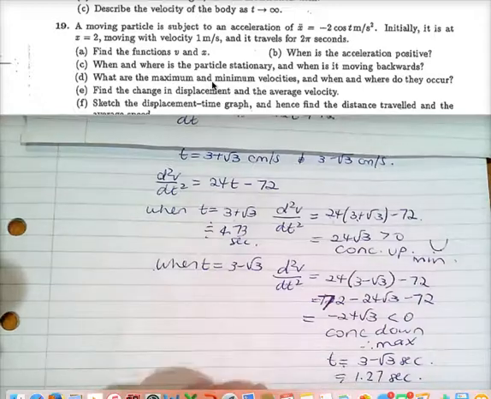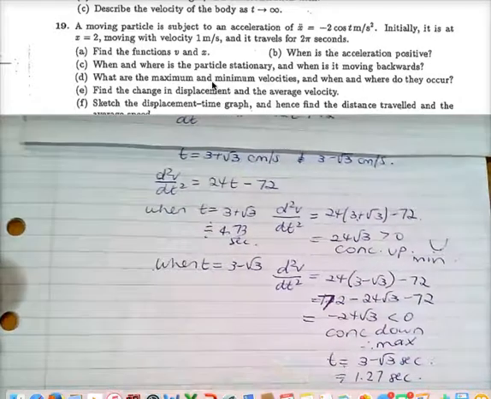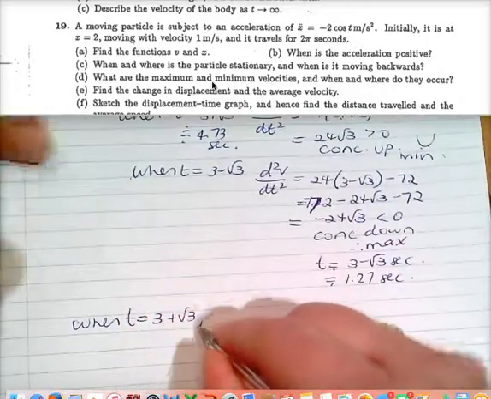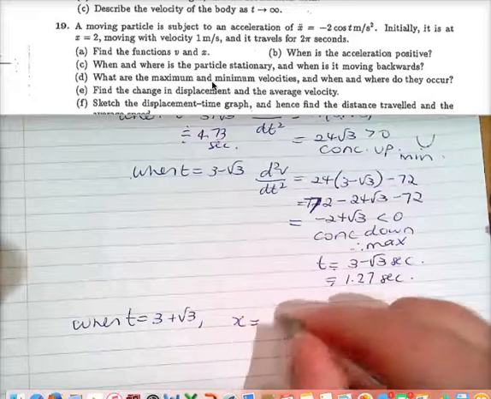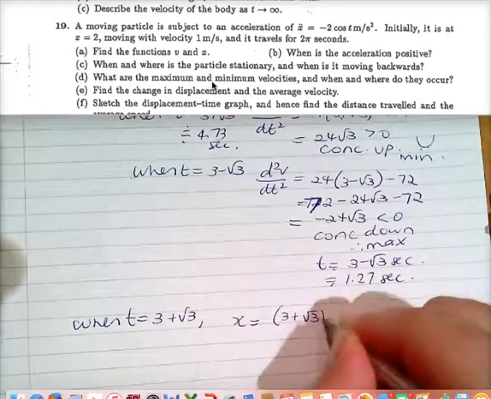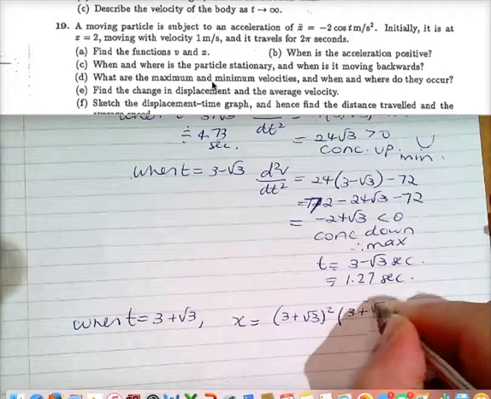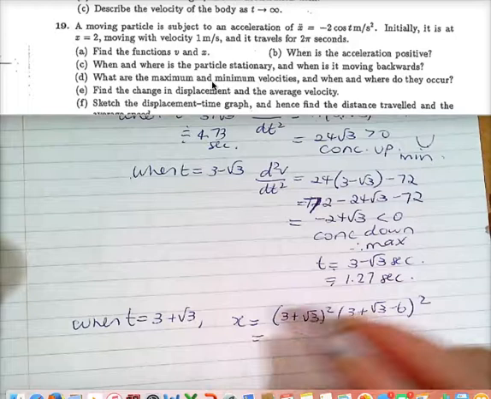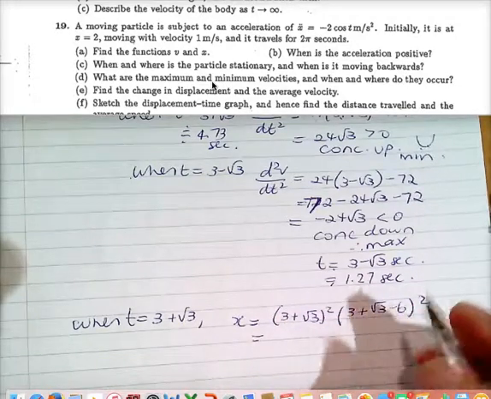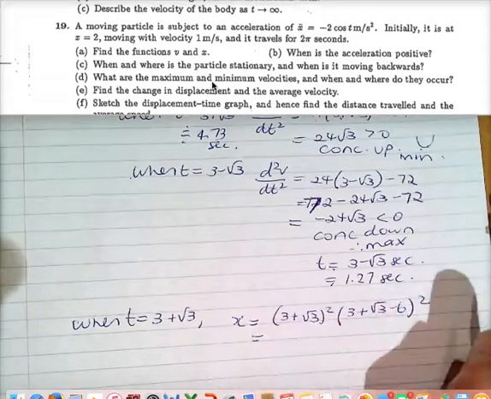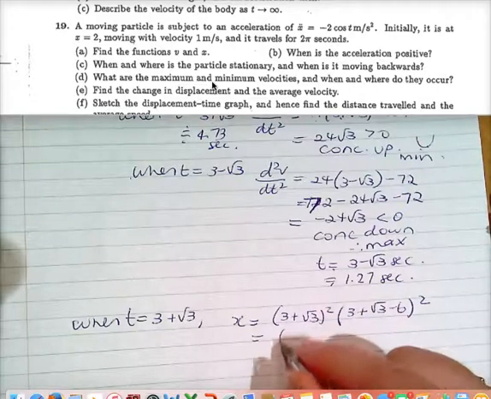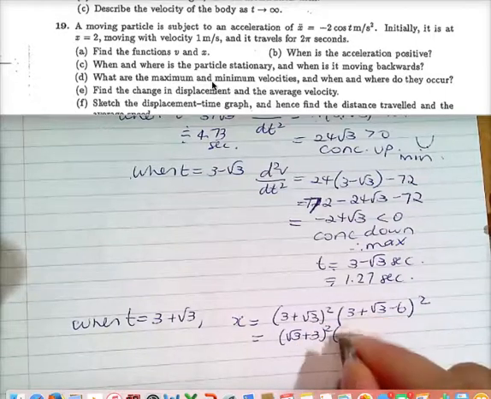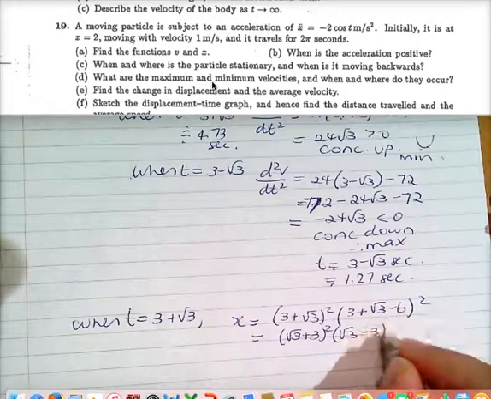Where do they occur? So when t equals 3 plus root 3, you need to see the displacement. x is 3 plus root 3 squared, 3 plus root 3 minus 6 squared, substituting it into the formula x is t squared bracket t minus 6 squared. Okay, this is root 3 plus 3 squared, and this would be root 3 minus 3 squared.